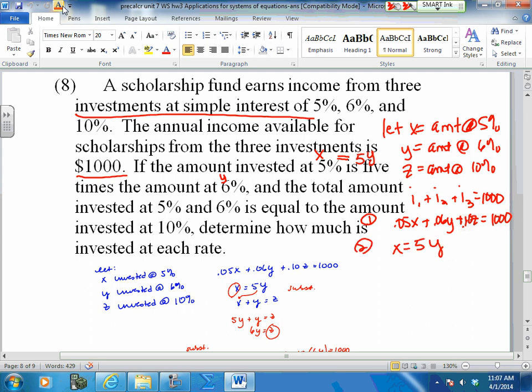And the total amount invested at 5 and 6, so 5 is X and 6 is Y, is equal to the amount invested at 10. What amount is invested at 10? Z. X plus Y equals Z. Okay, do we have three equations?